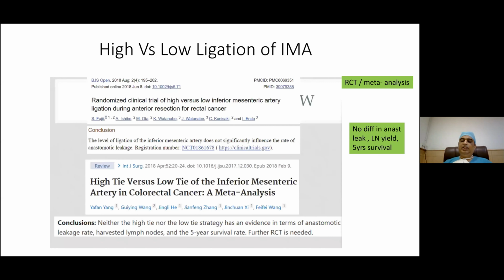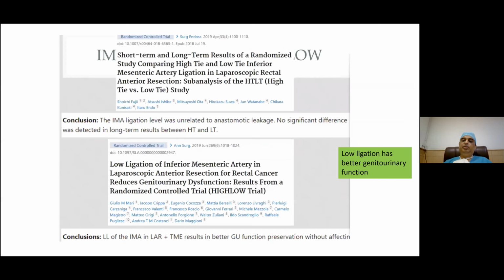But low ligation has been shown to have a better genitourinary function. If you do high ligation, the chances of injury to autonomic nerves slightly increase. So if you are not doing the ultra low resection, you can just divide the IMA just beyond the takeoff of the left colic artery. Otherwise, for ultra low resection, you divide higher up.